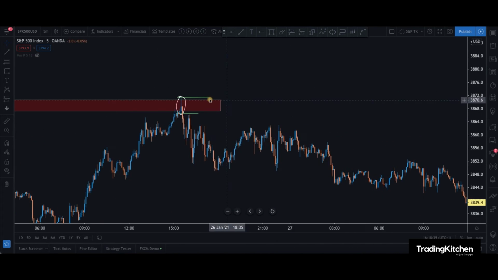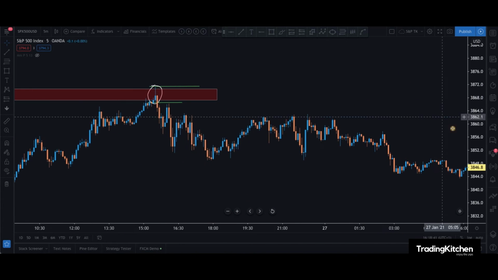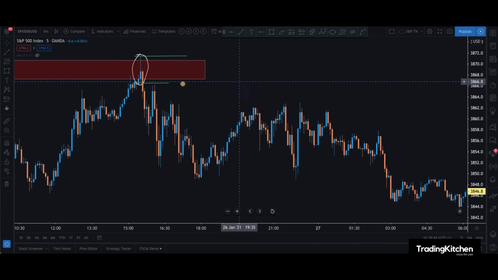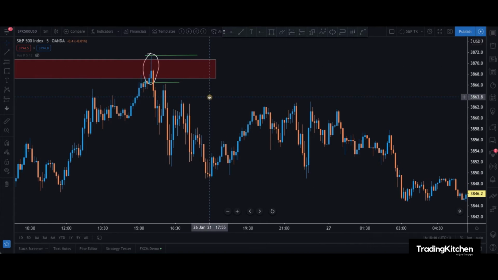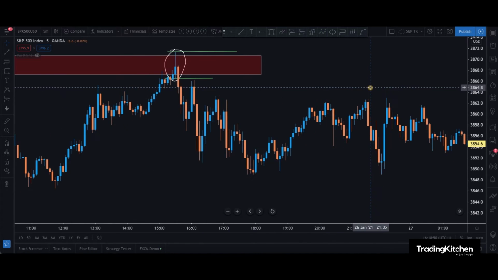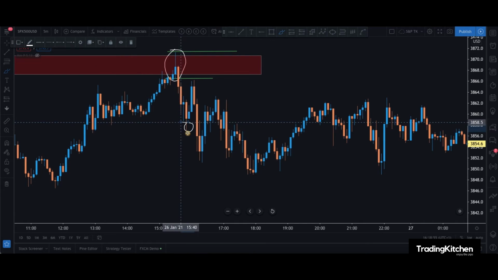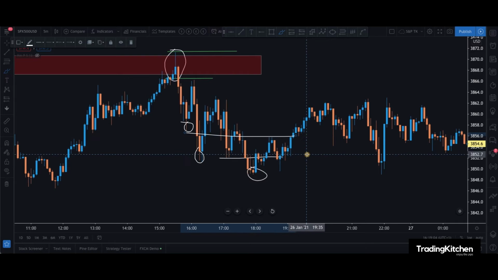So suppose that a downtrend has begun. You have to look for a sell, for a short, but you can't short here or here just because price has broken the support.